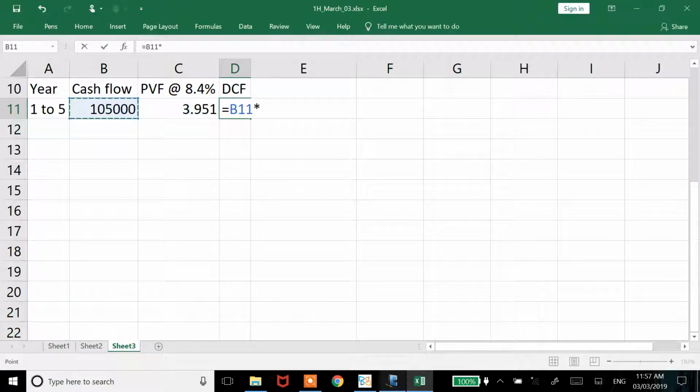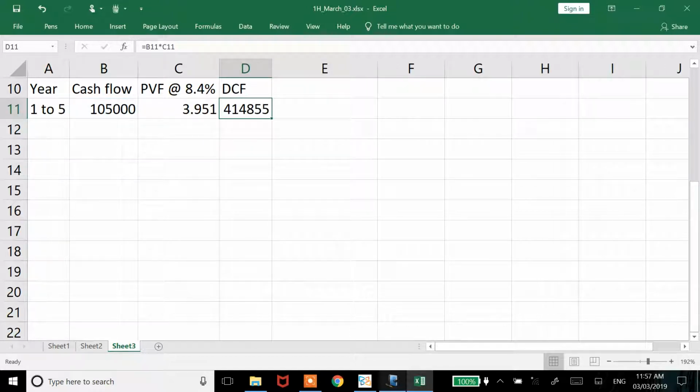Tax will play a big part in the solution. 414,855.